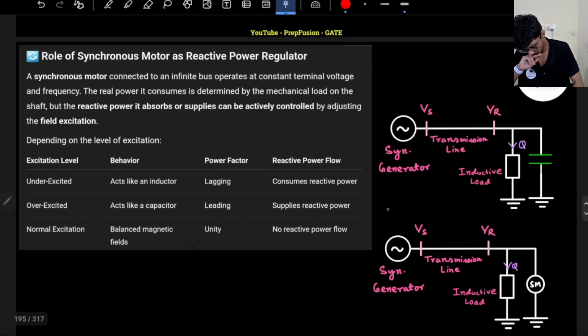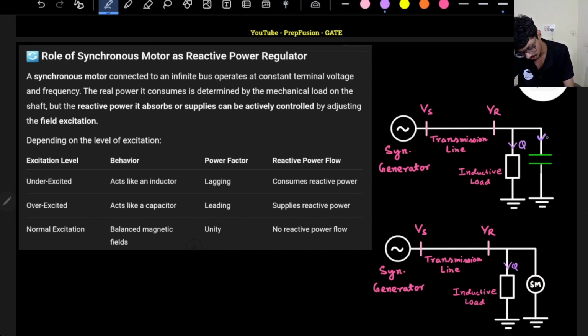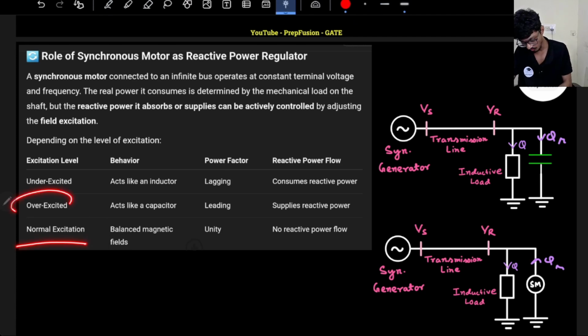Here the motor consumes reactive power. Here the motor will deliver reactive power if it is operating in overexcitation. So the power factor will be leading, because the motor is delivering reactive power. It is unity at normal excitation.